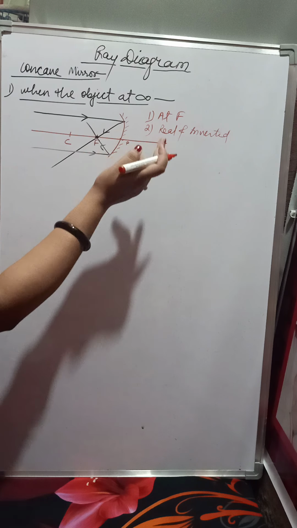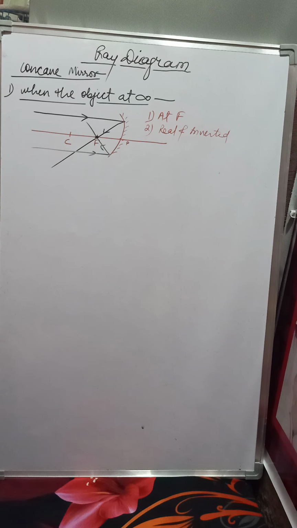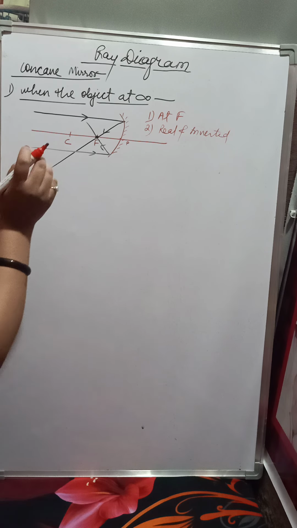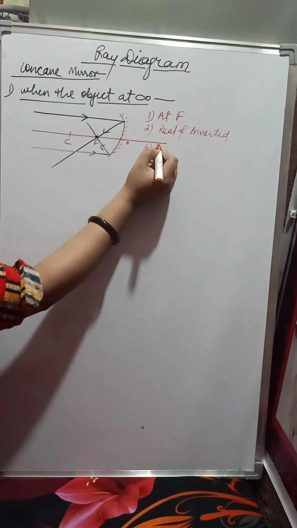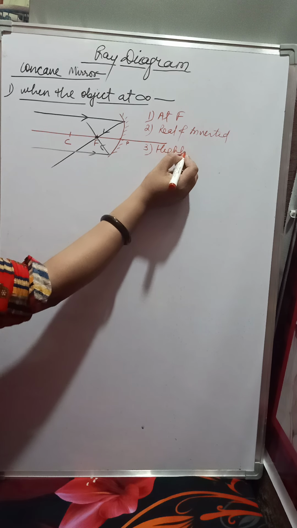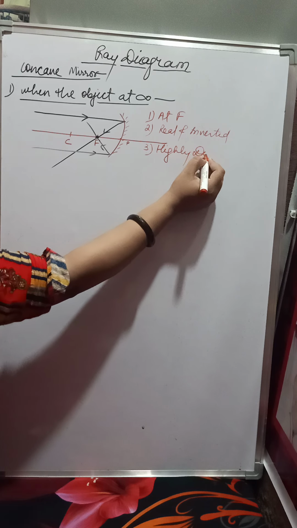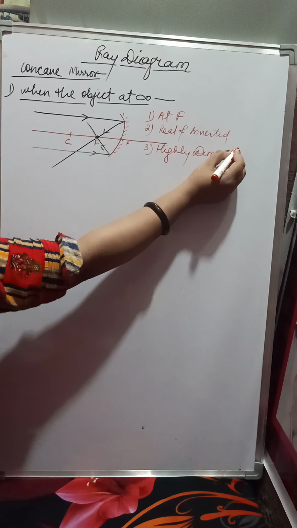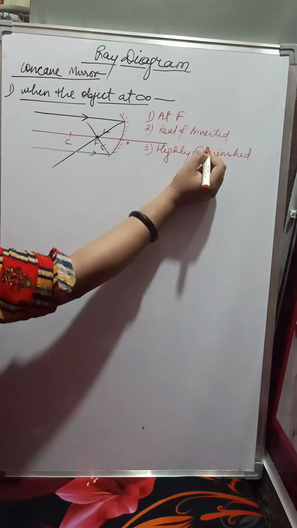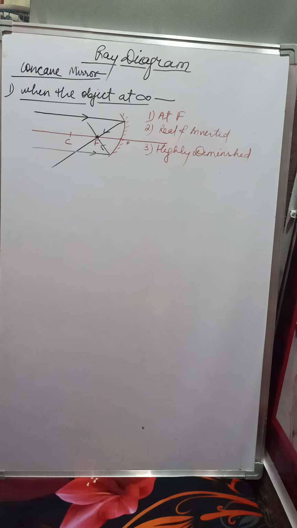At focus, a real and inverted image is formed by the concave mirror when the object is placed at infinity. And its size is highly diminished.